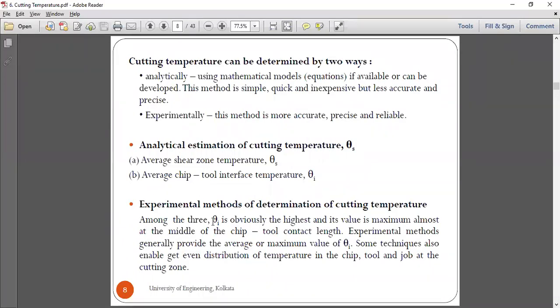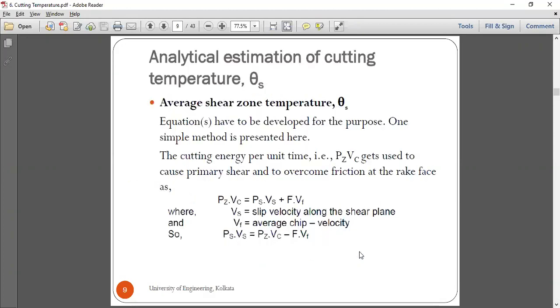As I told you, it will change constantly as the machining is going on, so you will get an average value or maybe the maximum value that the temperature rises to. Some techniques are also enabled to get the distribution of the temperature in the chip, tool and the job at the cutting zone.